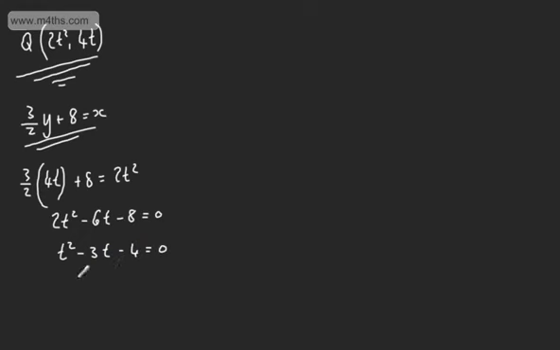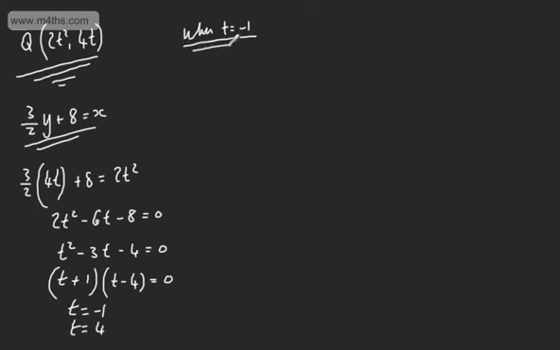So let's go ahead and look at that. Can we factor it out: (t + 1)(t - 4) = 0. And then what we're going to have is the following: t = -1 and t = 4. So all we need to do is sub those in. When t is equal to -1, just think what this is saying.